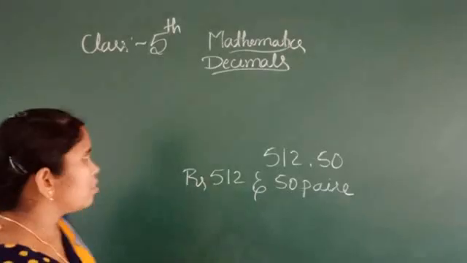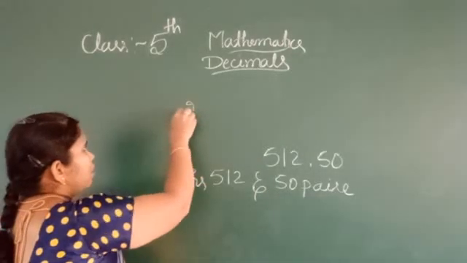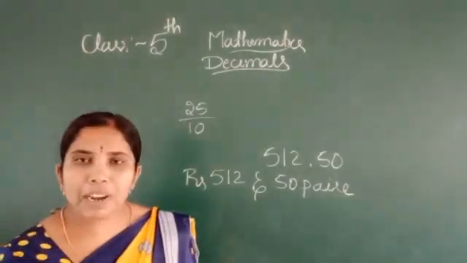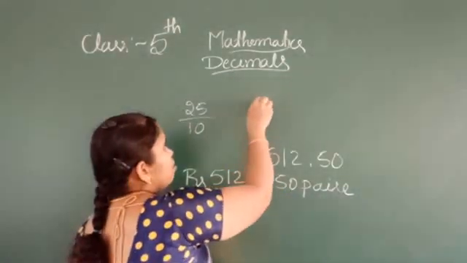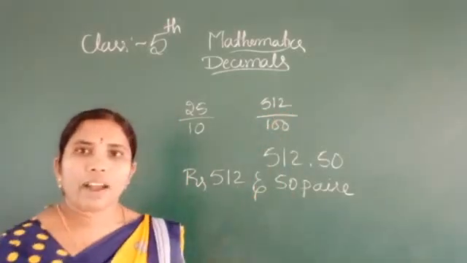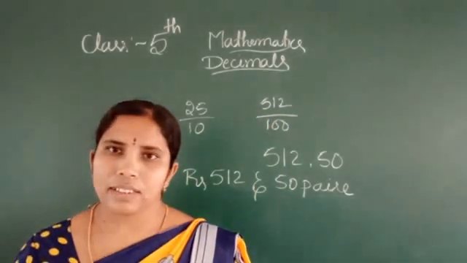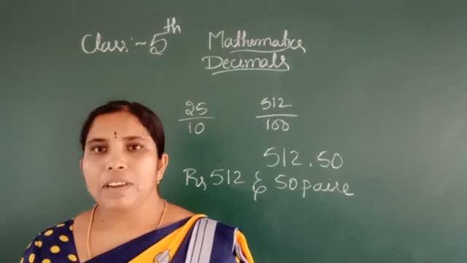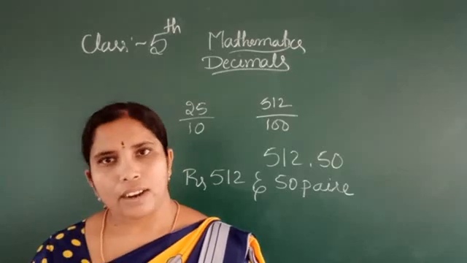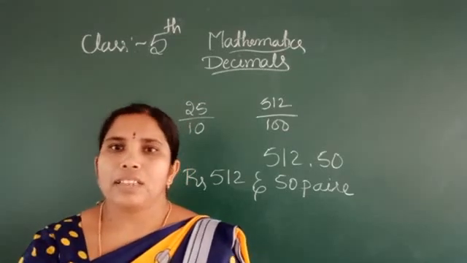We can express it like 25 by 10, then 512 by 100. Like that we can express a decimal. Do you understand?